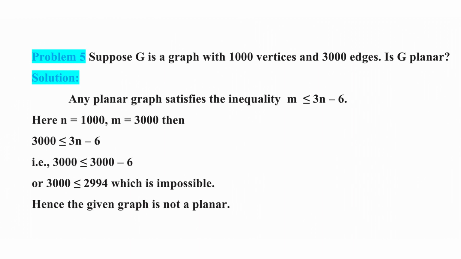Then 3000 is less than or equal to 3n - 6, that is 3000 is less than or equal to 3000 - 6, that is 3000 is less than or equal to 2994, which is impossible. Hence, the given graph is not planar.